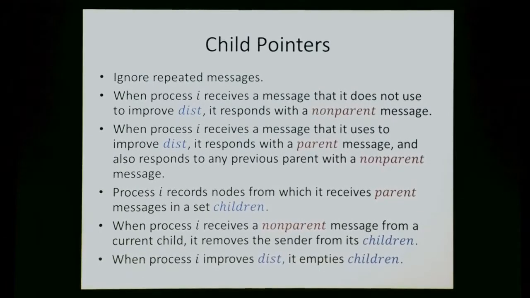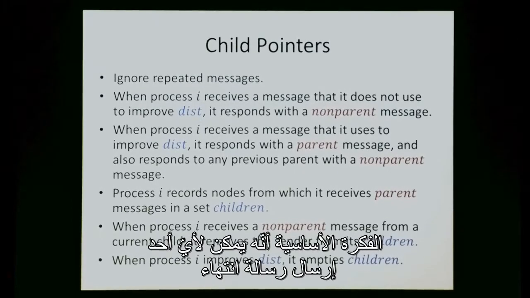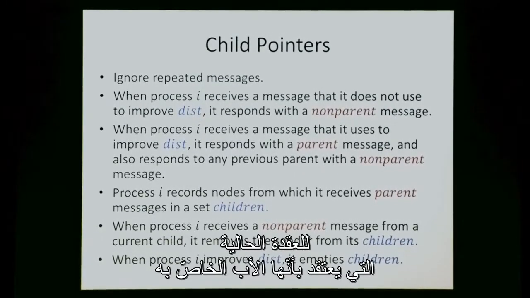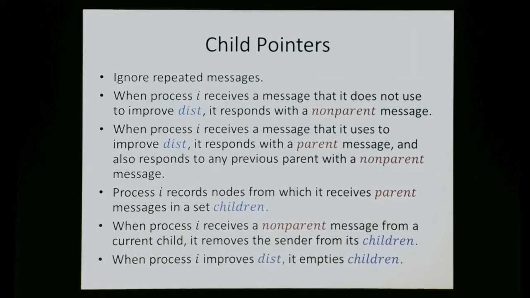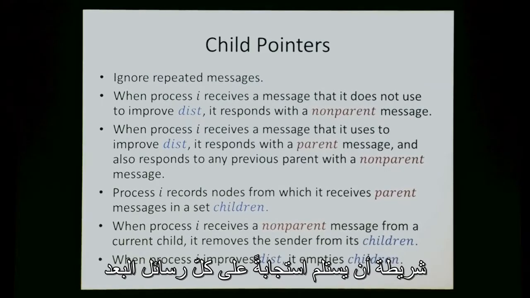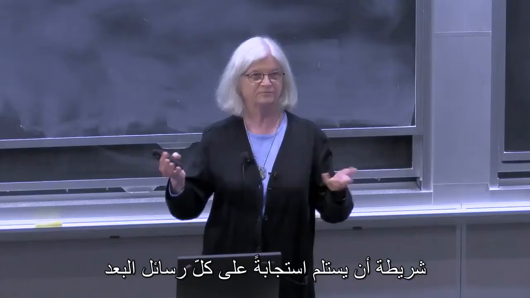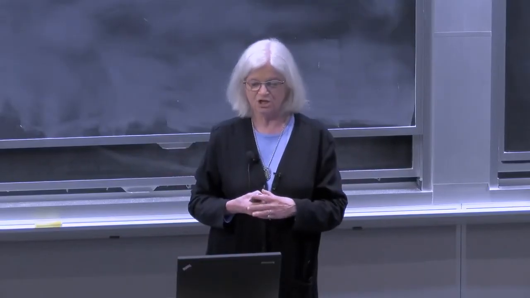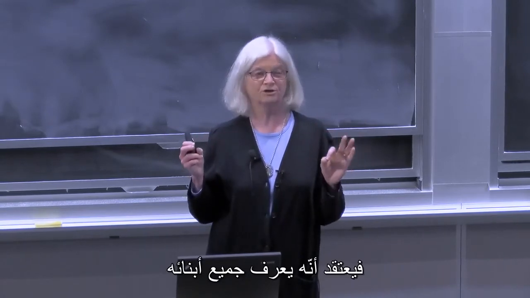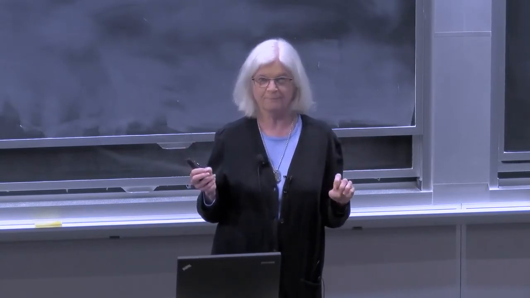Okay, so since the tree structure is changing, the main idea is anybody can send a done message to its current parent, the node he believes is his parent, provided he's received responses to all of its distance messages, so it thinks it knows who all its children are.